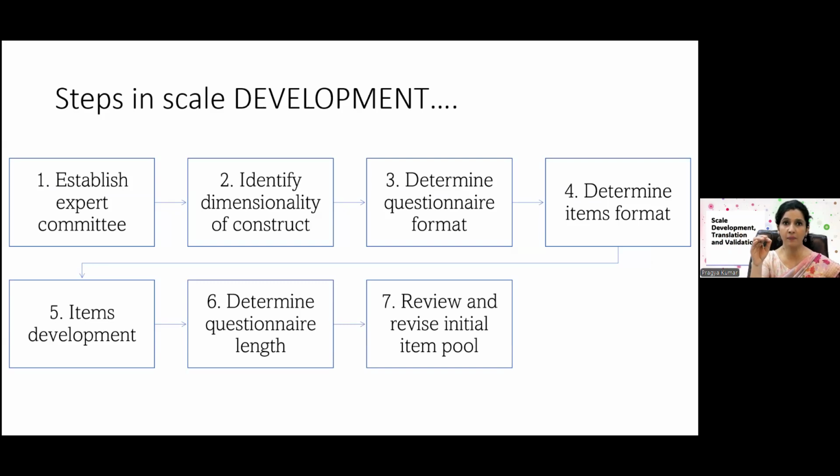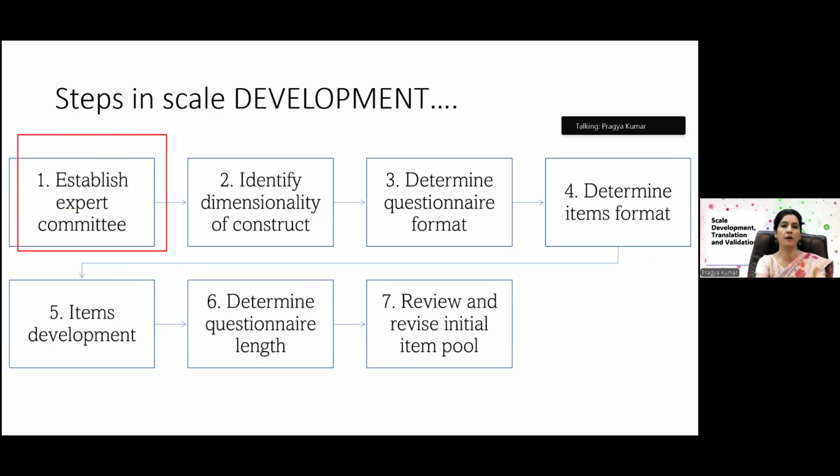So scale development. The first step is the development of an expert committee, because you have to identify the construct of the scale and its operational definition. For that, you should have an expert committee.